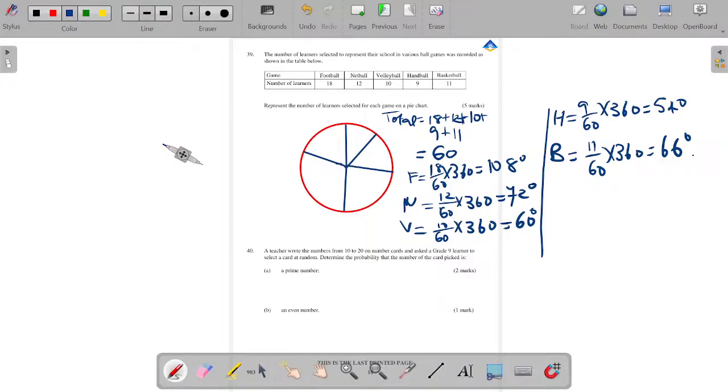So this one here is 108, and this one is football. This one here is netball, and it is 72 degrees. Then this one here is 66, and it is basketball.